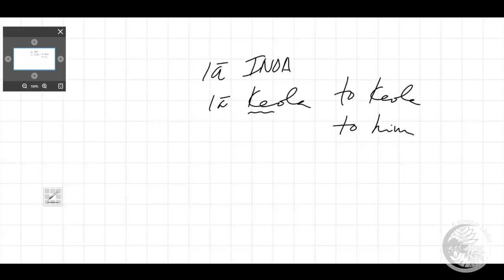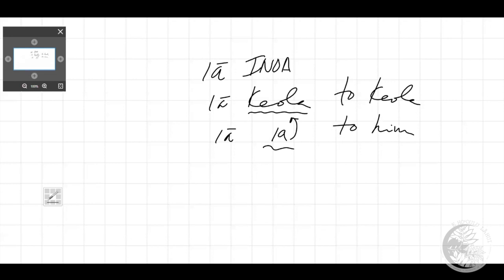Remember, what takes the place of Keola? The word ia. So this is how we come up with the idea to say iaia. Iaia, again, is this ia replacing that person we're talking about, Keola.